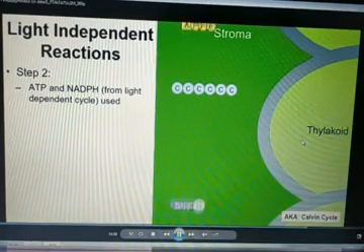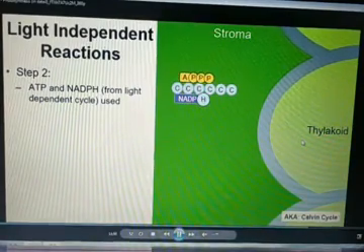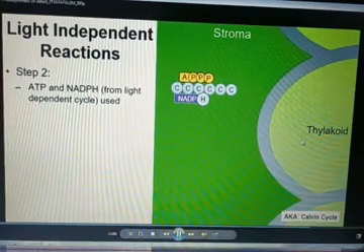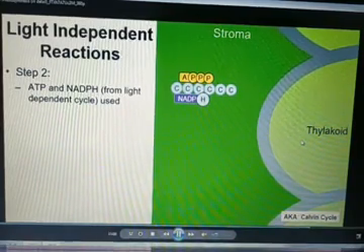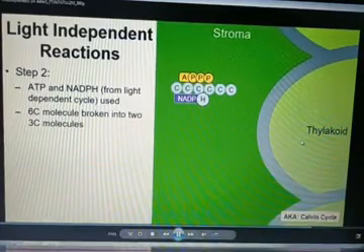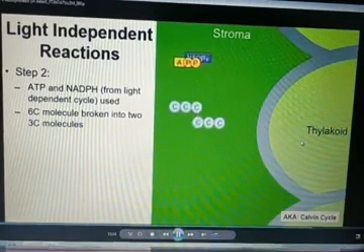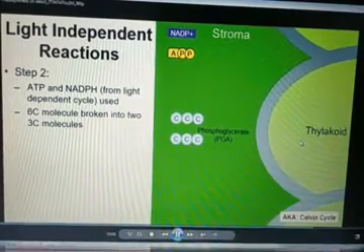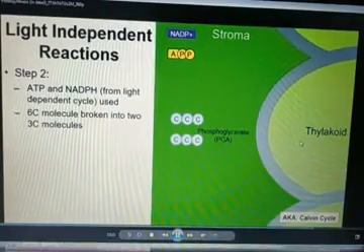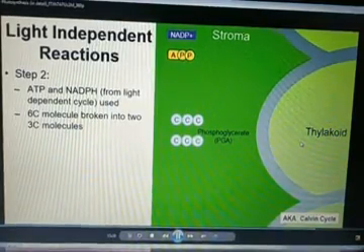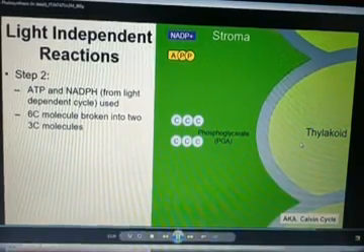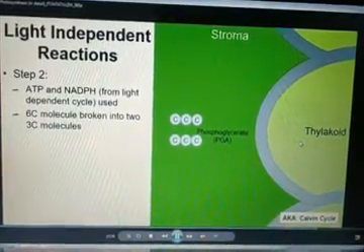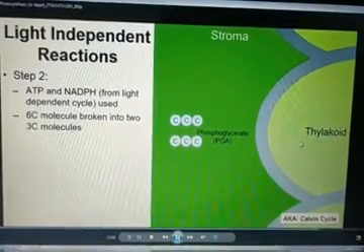The 6-carbon molecule is broken down by ATP and NADPH, and there are also some enzymes that help break down the 6-carbon molecule into 2 molecules of 3 carbons each, called phosphoglycerate or PGA. They are the 3-carbon molecules. So now NADPH is broken down into NADP, and ATP is broken down into ADP.